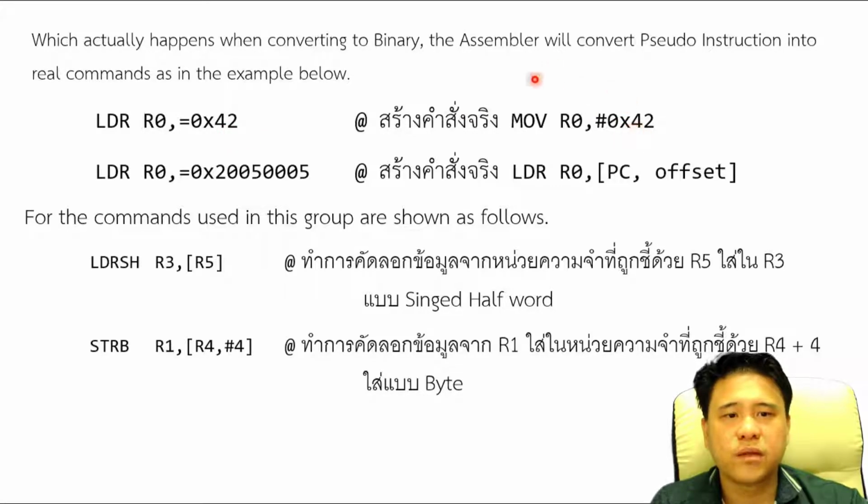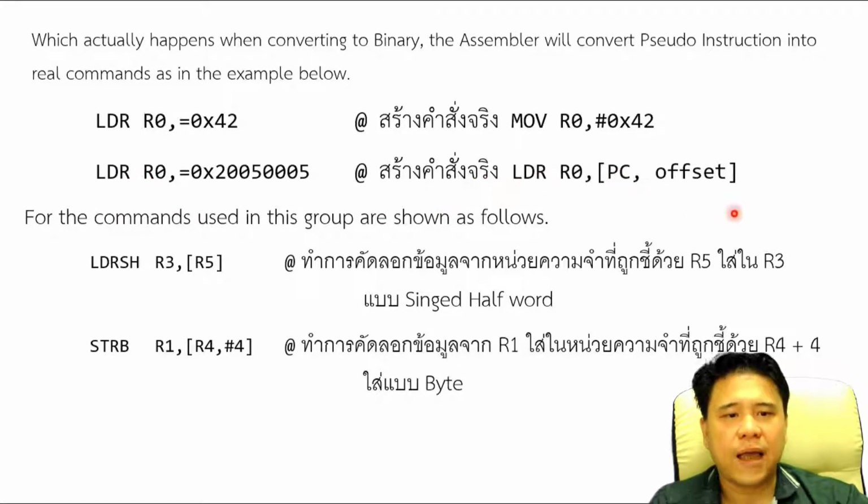You can use this to store into R0. But if you put all 32 bits in here, such as LDR R0, comma equal to 0x2005005, then as you can see, this is 32 bits. Then it can copy this whole value into R0, with just one line. You don't have to supply it through move.